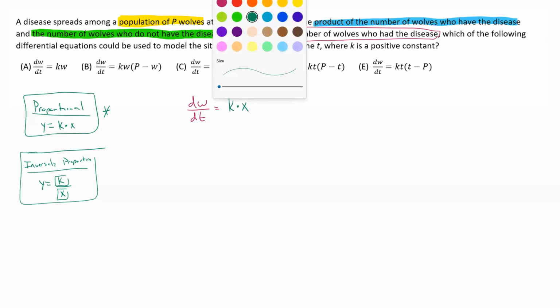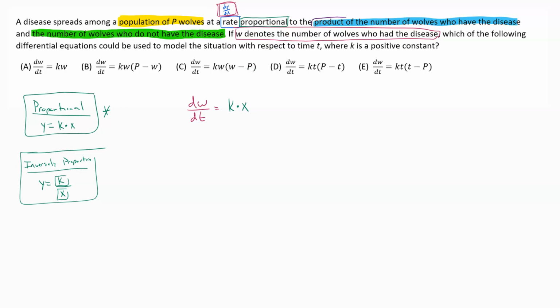Then when you read through the rest of this, you've got to look for keywords. Product meaning multiply, sum meaning add, difference meaning subtract. So you've got to look for those keywords for add, subtract, multiply, or divide. So product is telling us we need to multiply, and they're telling us the two things we need to multiply.